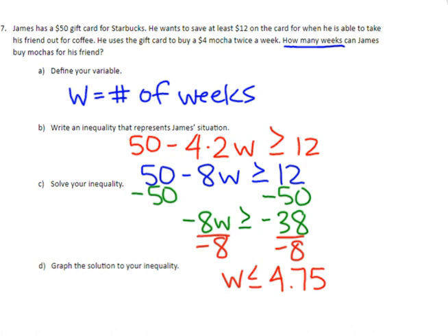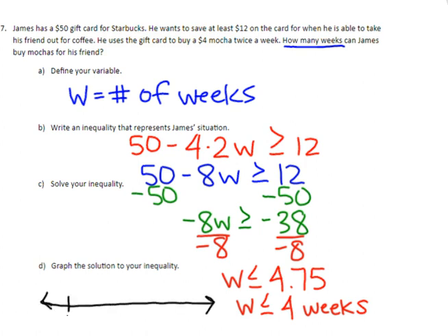Because we need this to be a whole number, we're talking about how many weeks, we're going to graph this as a discrete answer. So I'm going to rewrite this as less than or equal to 4 weeks. I do realize that 4.75 typically rounds up, but he doesn't have enough money to do this for 5 full weeks. He only has enough money to do this for 4 weeks. So when we graph this, it's a discrete graph.